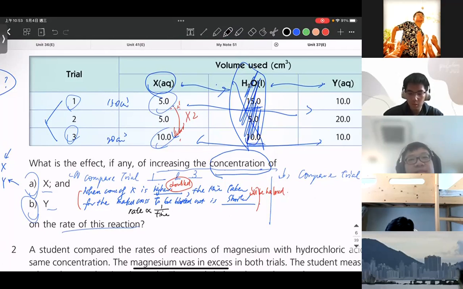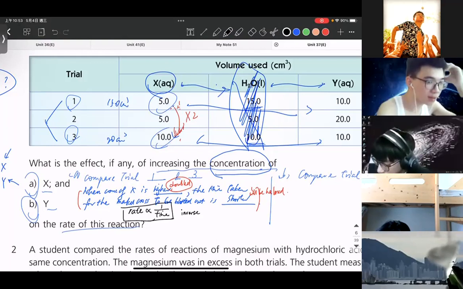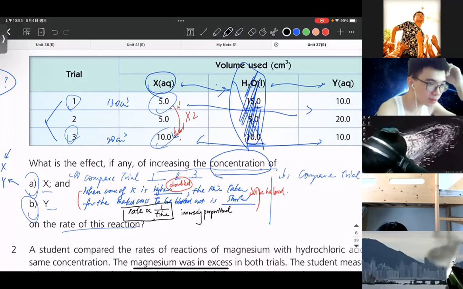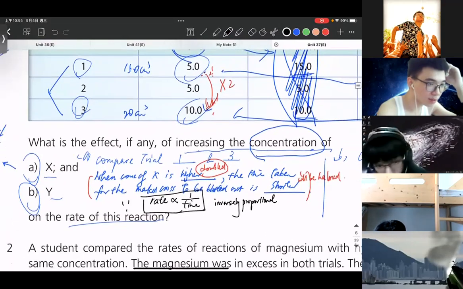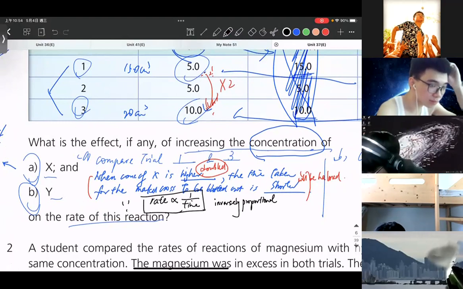What do we call it in mathematics? Inversely proportional. Yes, that's right. It is an inverse proportion. So the rate is inversely proportional to the time taken. That is the second statement.